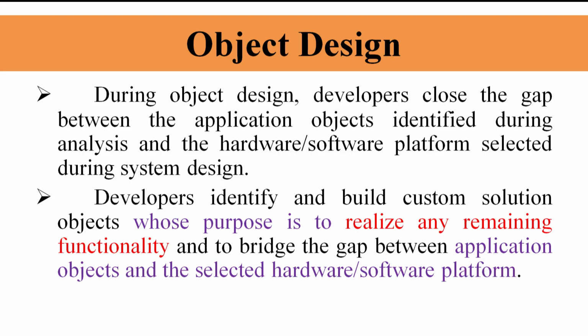If we go one step further to find out what we are doing during object design, we are trying to close the gap between the application objects identified during analysis and the hardware-software platform selection, which we are also revisiting from the design time. As a developer, we try to identify and build custom objects. The purpose of those custom objects is to realize any remaining functionality and bridge the gap between the application object and the selected software and platform.